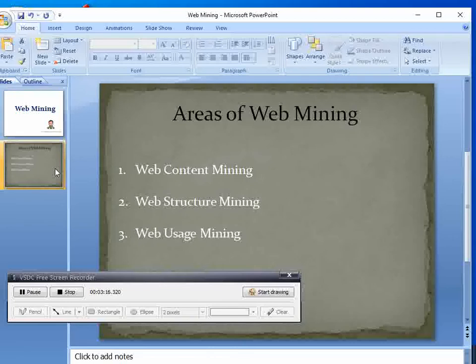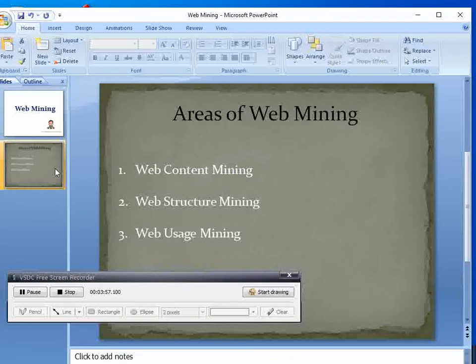Web structure mining. Web structure mining is the application of discovering structured information from the web. The structure of the web graph consists of web pages as nodes and hyperlinks. Structure mining basically shows the structured summary of a particular website. For example, if you go to any website, say a university website, they will have one button which shows the map.